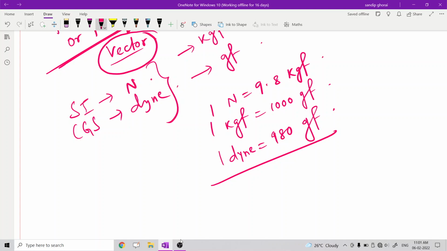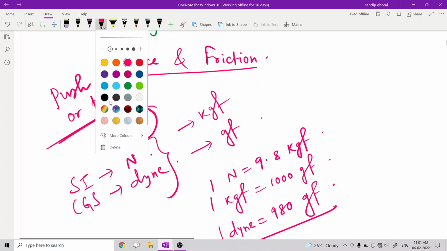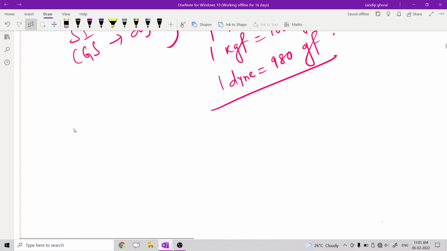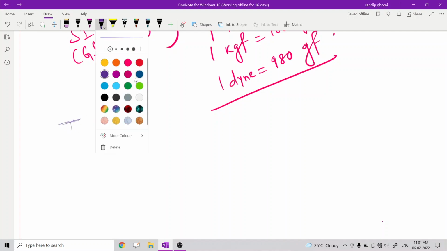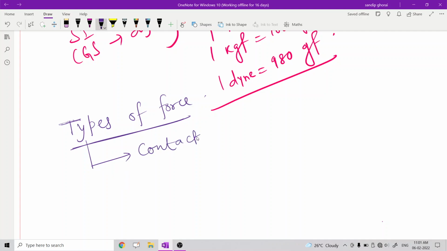Now we move to our next portion, that is types of force. In general there are two types of force. The first one is contact force and the other one is non-contact force.